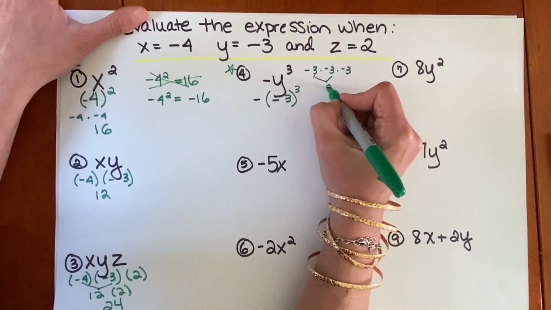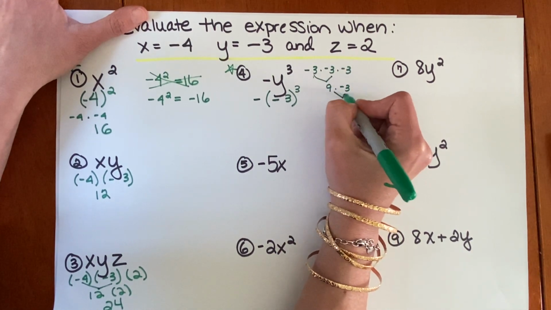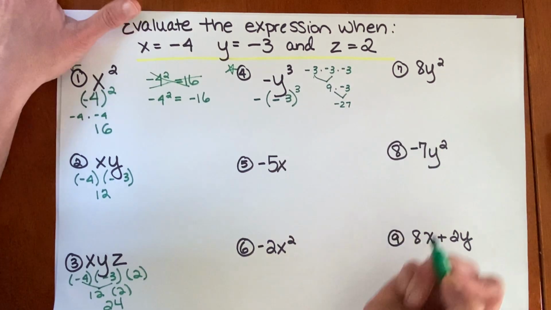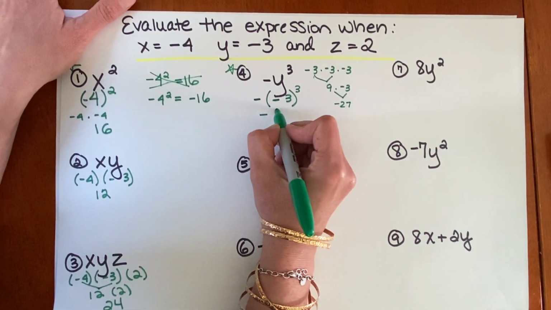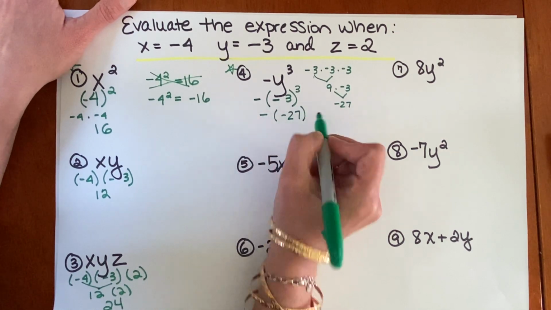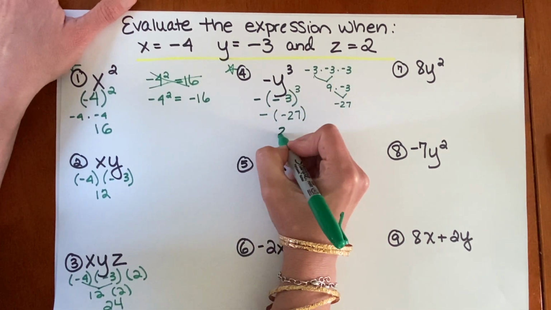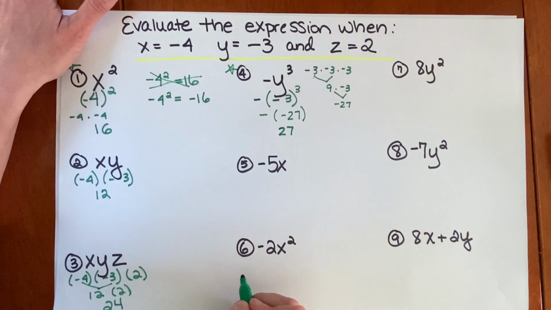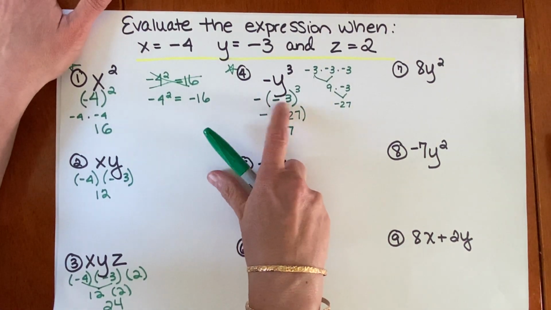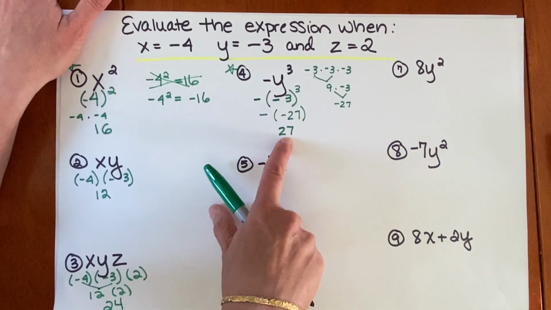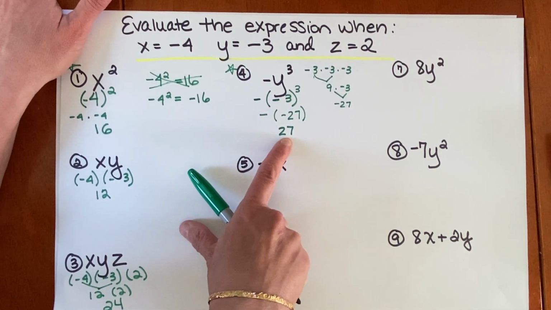This makes a +9. This makes a -27. And -27 negated is 27. Okay, so be careful. And I know what you're going to say. If you make these two a positive, you get 27 anyway.